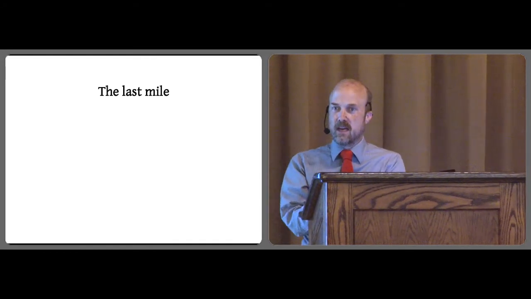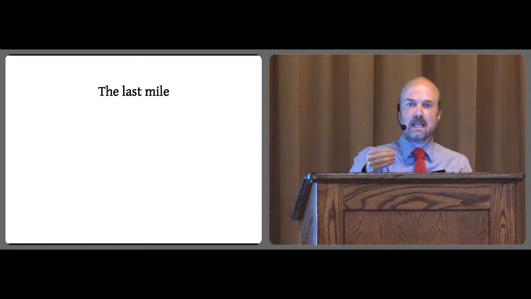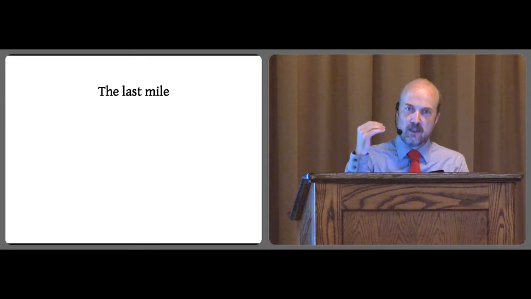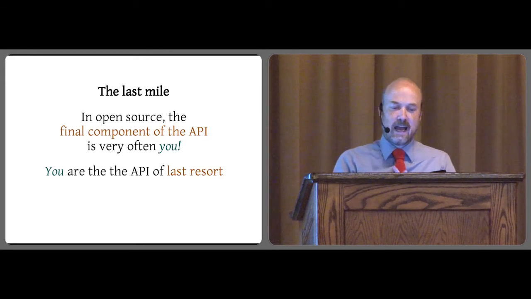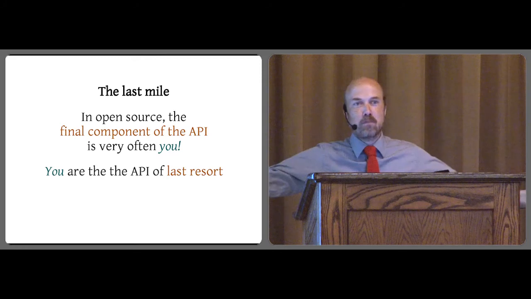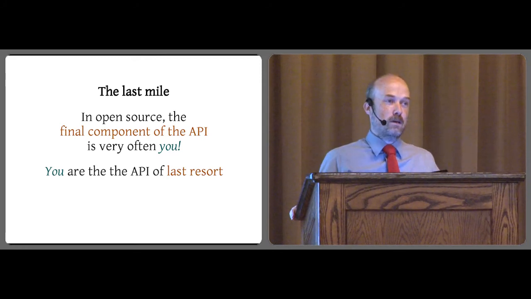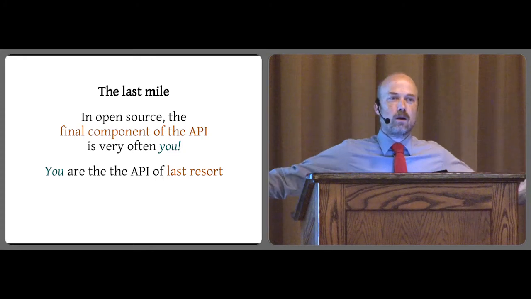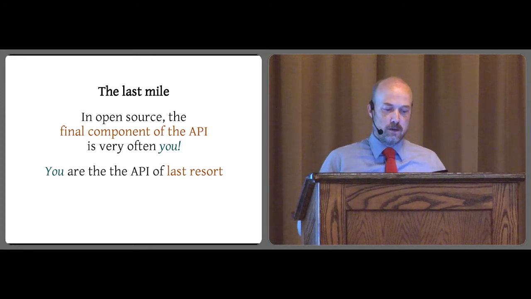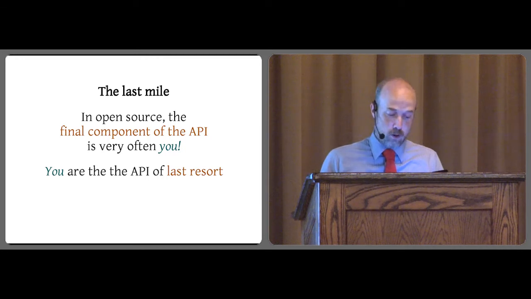Everything is for nothing if they don't get that last mile, that bit of completely out of context help that gets them working. The last mile in open source, the final component of your API is very often you. Because when all else has failed, you are the API of last resort.